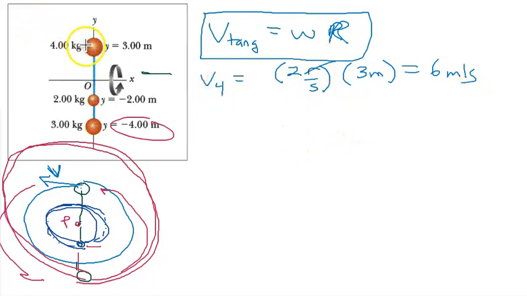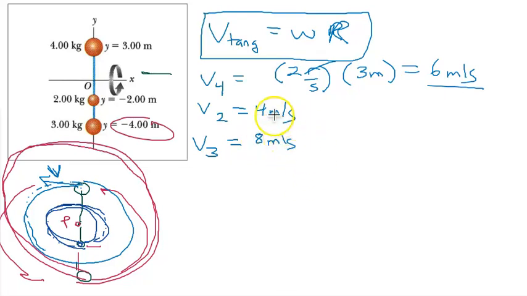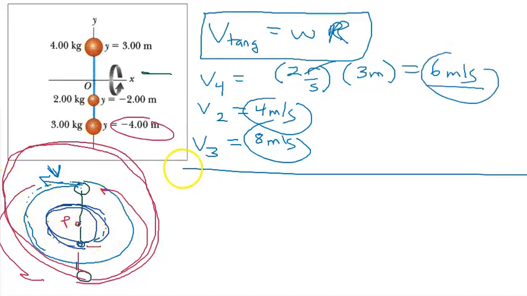So this object is, if you were tracking it through space and you had an odometer on it, going 6 meters per second. Similarly, V2 is going 4 meters per second, and V3 is going 2 times 4 or 8 meters per second. Okay, so that is how fast, if you were a drone zooming out, watching these people run on a track, that is how fast they're going.